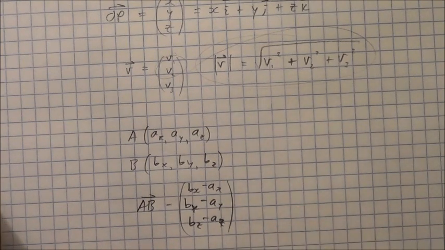And that would be how we would find a vector between 2 points. So that is the basic long and short of vectors in space.